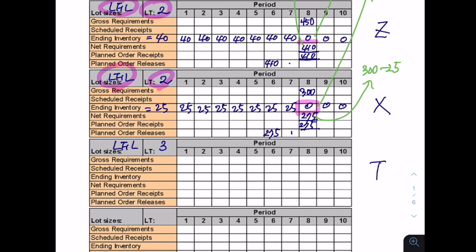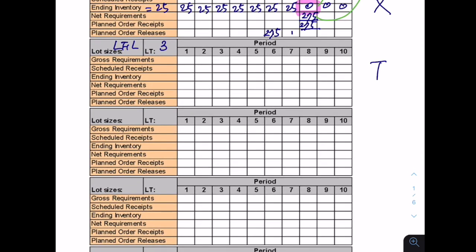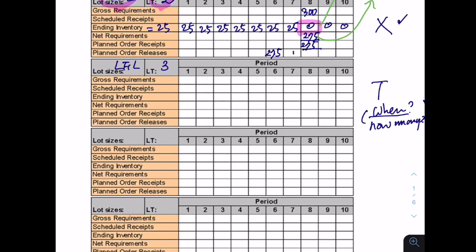Now, when you think about gross requirements, in the previous topic, I talked about 2 questions, when and how many. So since T is material used to make Z and X. First question, when? To answer this question, when you need it, we have to look at parent item.